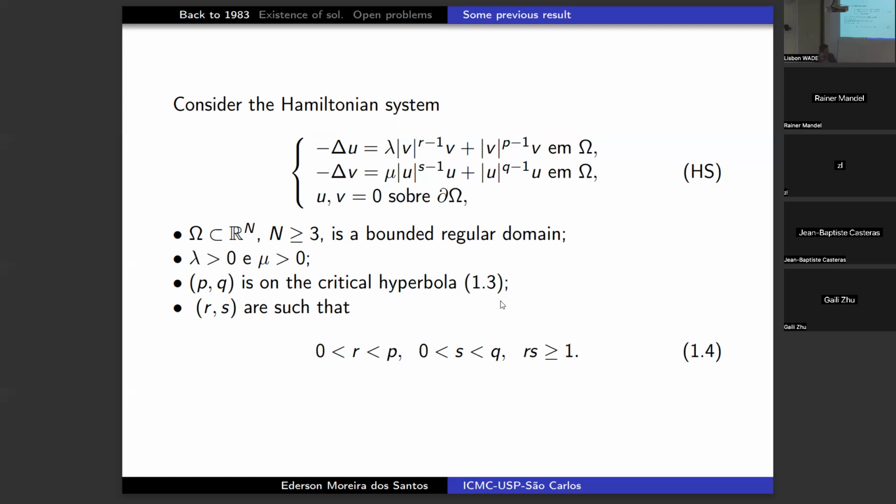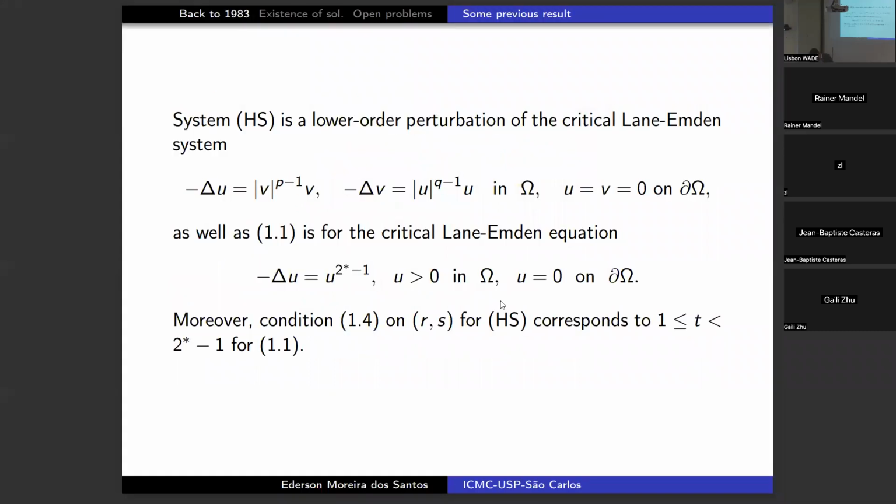So this corresponds to the first equation that I mentioned to you, the Brezis-Nirenberg problem. As I said, this is a lower order perturbation of the critical Lane-Emden system, as the Brezis-Nirenberg equation is a lower order perturbation of the Lane-Emden critical equation, this equation here.